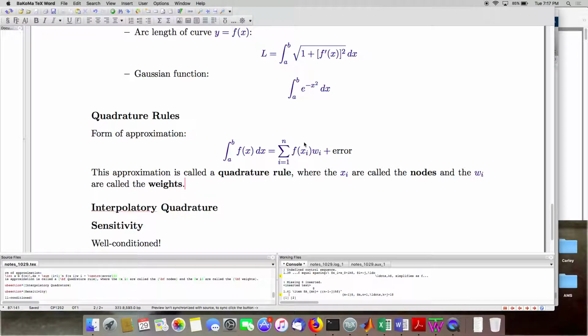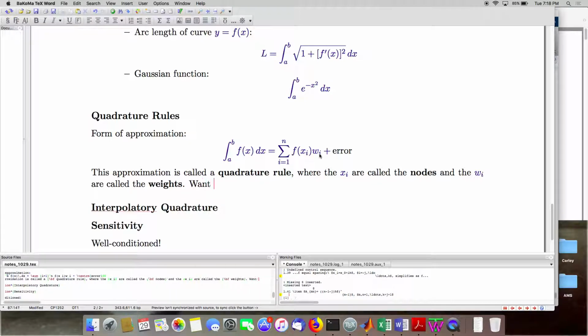So then you can just substitute the nodes into your integrand, your f of x, multiply those values by the weights and add them up, and bam, you have your approximation. So the challenge here is, how do we choose the nodes and weights to obtain as much accuracy as possible and as efficiently as possible?